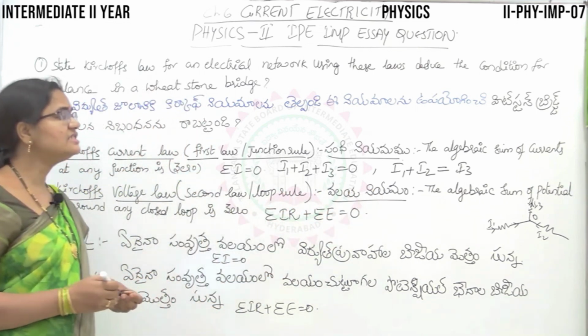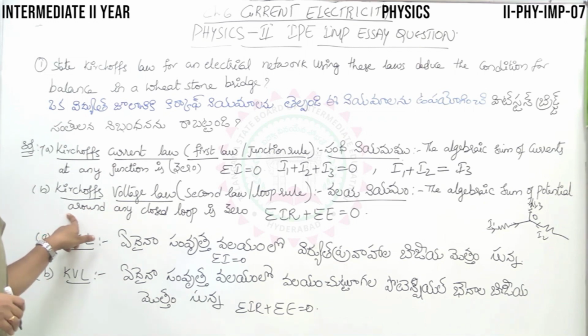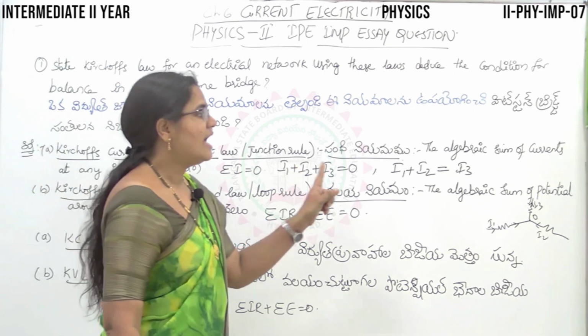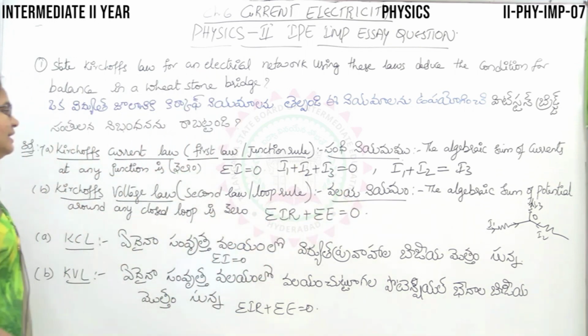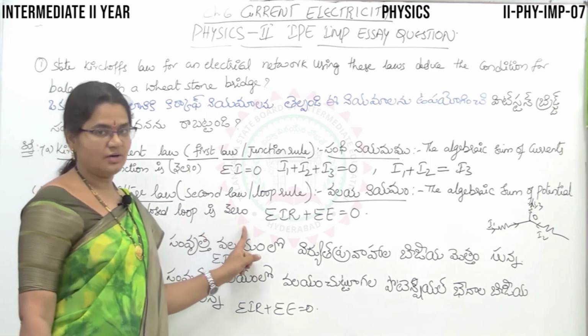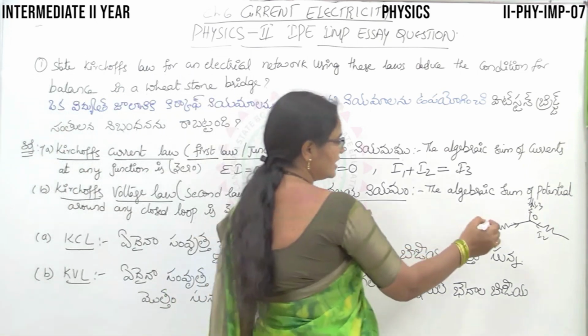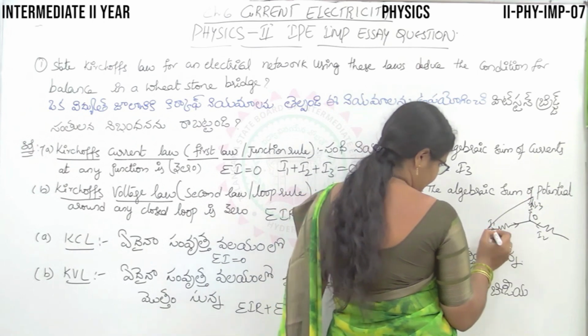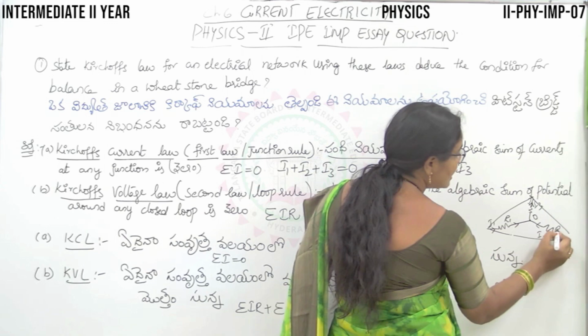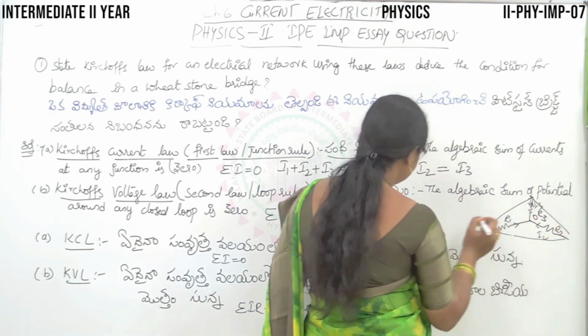So, Kirchhoff's voltage law: the algebraic sum of all potential differences around any closed loop is 0. I repeat, the algebraic sum of the potentials around any closed loop is 0. So here consider this loop. This is R1, let this be R2 and R3.